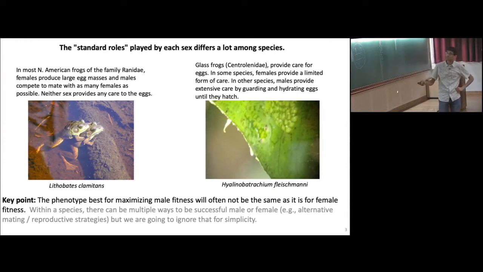Just as one example, in North America, you find a lot of frogs in this family, and their females produce large egg masses, and the males compete to mate with as many females as possible, and nobody provides any care.